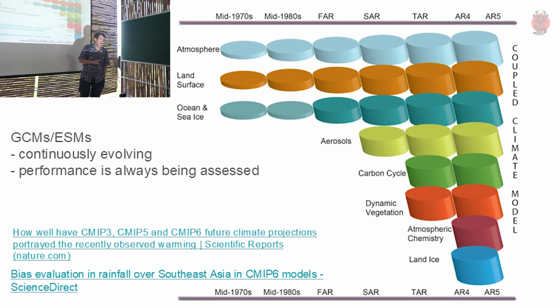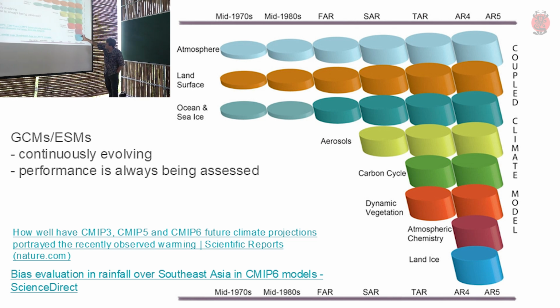Climate models have not been static. This graph is taken from the Assessment Report 5, and shows the evolution of climate modeling. A long time ago, the climate models were very simple. The number of bars, the number of rows, represents the number of systems in the model.